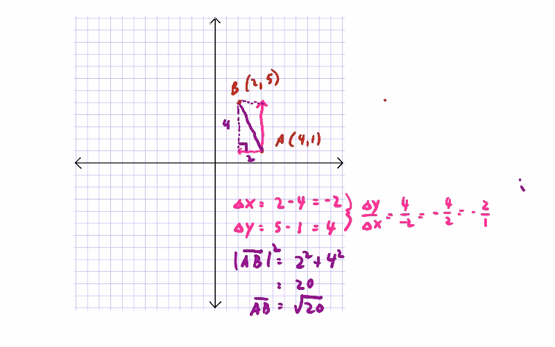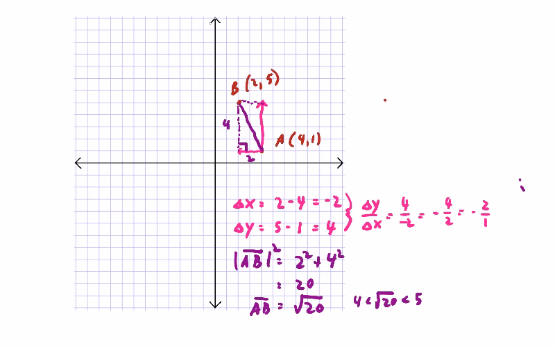How big is the square root of 20? It's somewhere between. So if I were to look at that, 4 squared would be 16, which is less than 20. So the square root of 20 is more than 4. And 5 squared would be 25. So the square root of 20 is less than 5. That makes sense when you look at the picture. That purple line is between 4 and 5 units long.